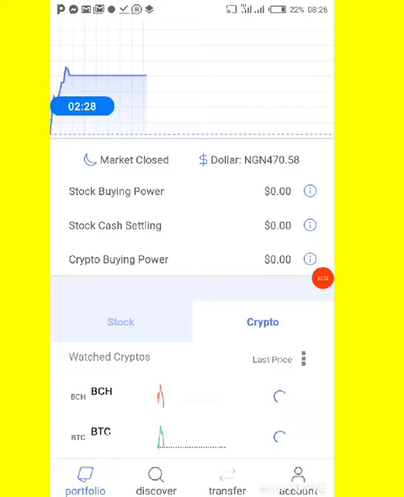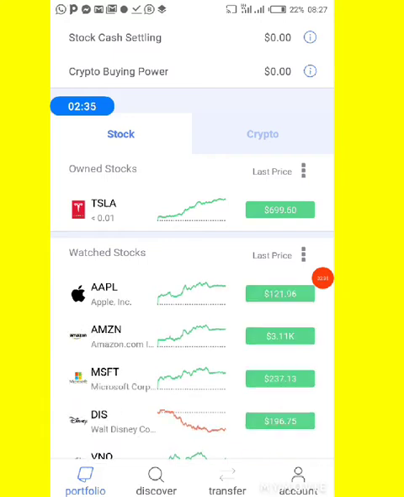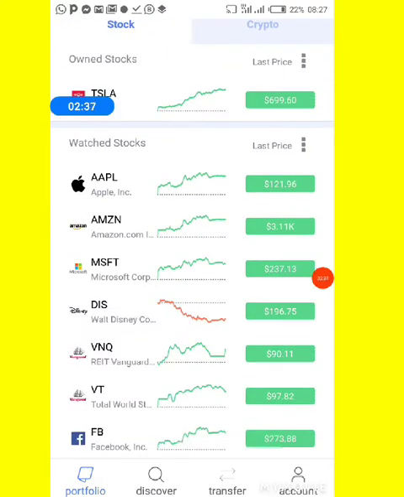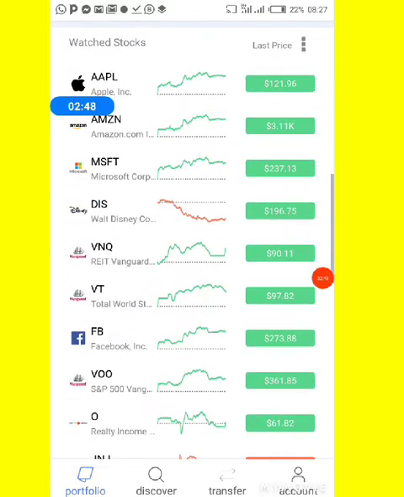But let me show us something. Under this stock here, there are other companies or stocks which we may be interested to invest in, but they are hidden in this app. So the first thing we are going to do is to go about those hidden ones and bring them to the watch list.